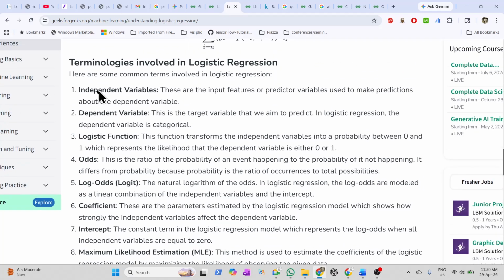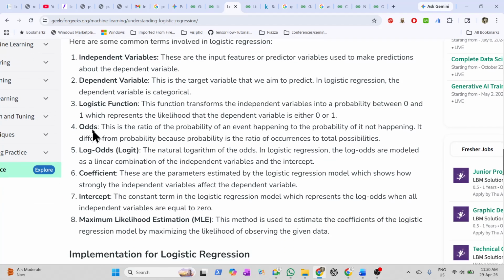The terminologies involved in logistic regression include independent variables, which are also called features or predictor variables; the dependent variable, the target variable; and the logistic function, which is the sigmoid function. Odds means the ratio of the probability of an event. Log odds is also called logit. It is the natural logarithm of the odds.